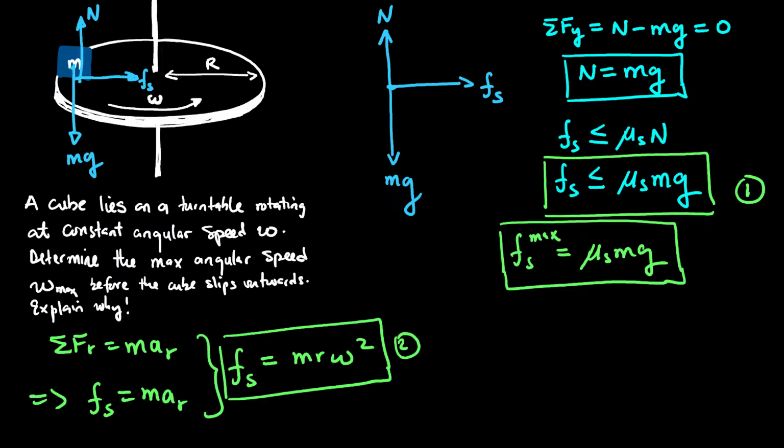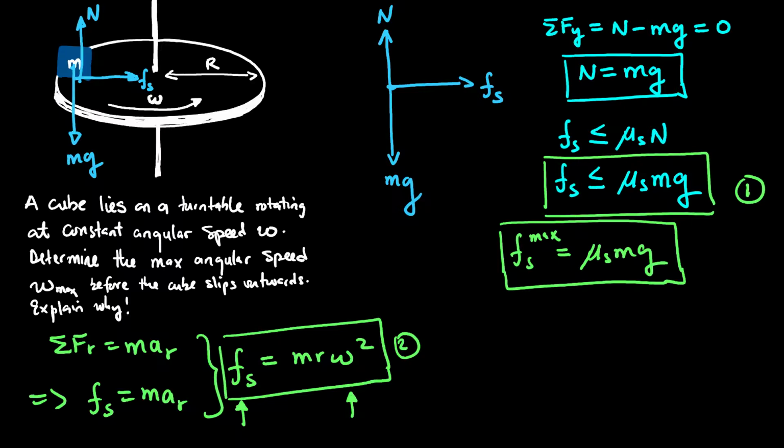Now, when you look at equation 2, as omega increases, F_s also increases. That means that as we gradually increase the angular speed of the turntable, the centripetal force required to keep the cube moving in a circle consequently will also increase.